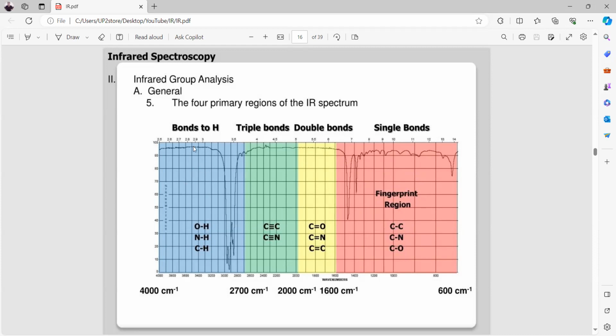So if you have a big, strong, broad peak, you can detect the OH or NH or CH from this area, from 2700 to 4000.